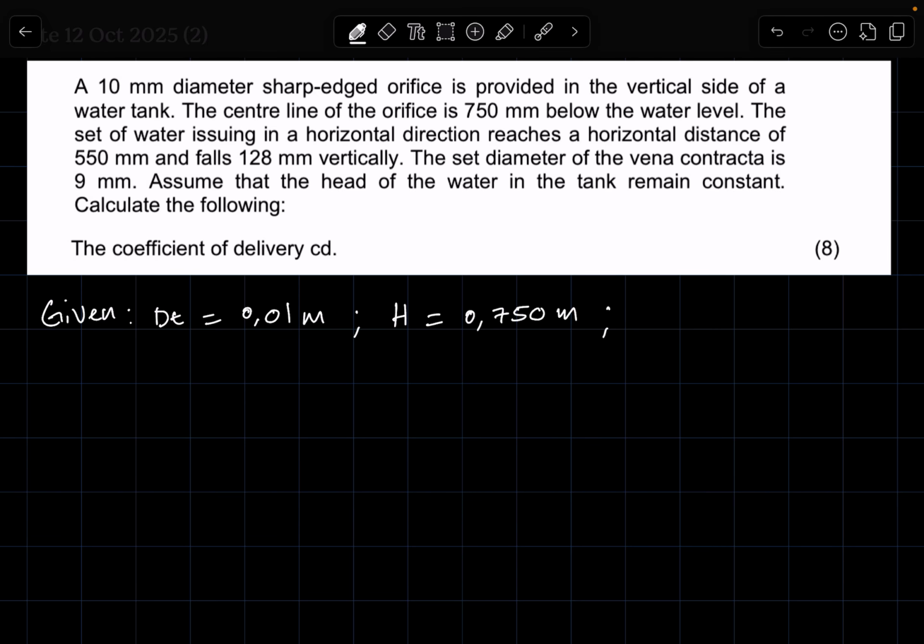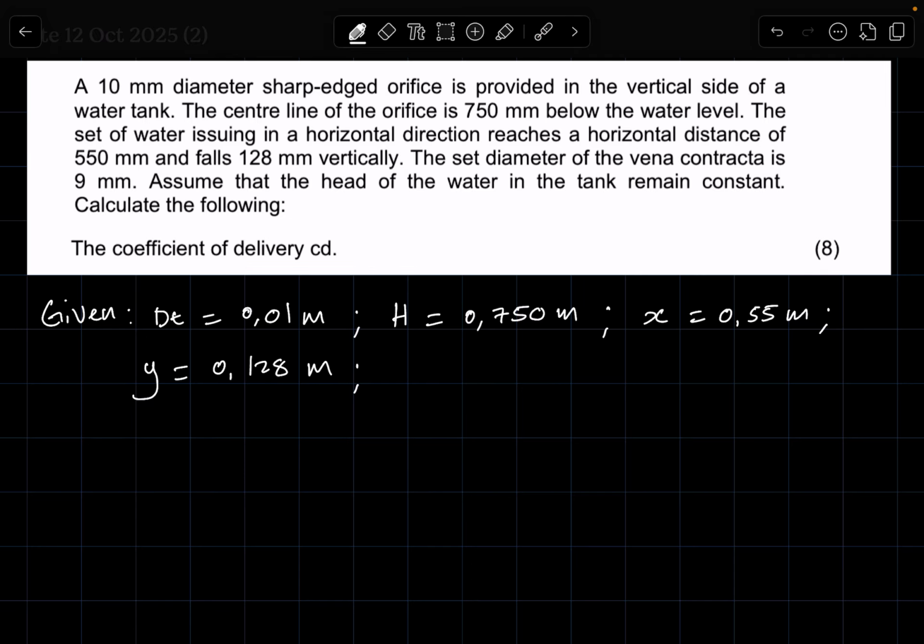So that is to say that the X distance of the water jet is 0.55 meters. And then it falls 125 millimeters vertically. So that's the Y distance of the water jet, which will be 0.128 meters. The diameter of the vena contracta is 9 millimeters.